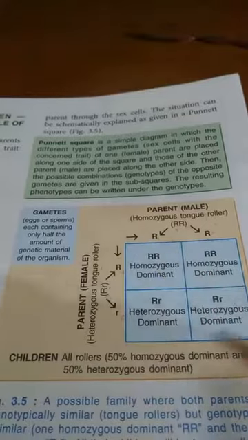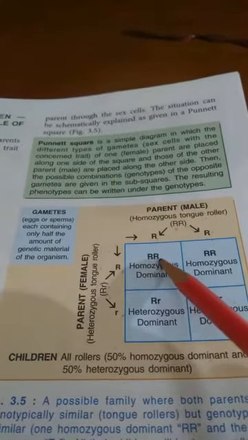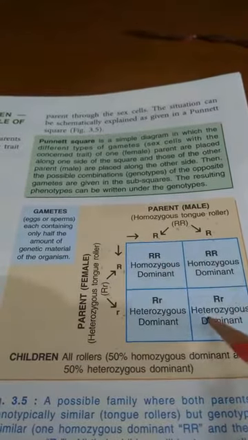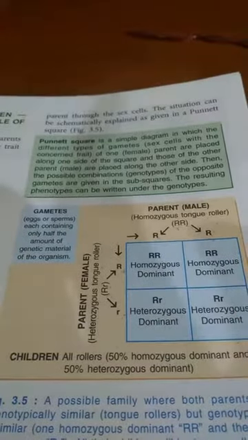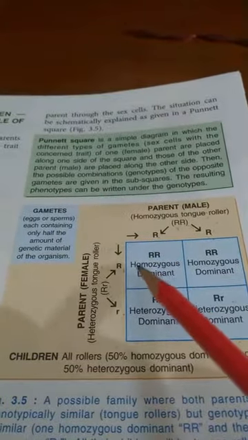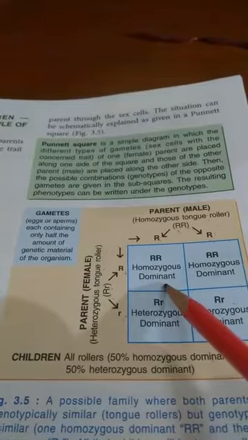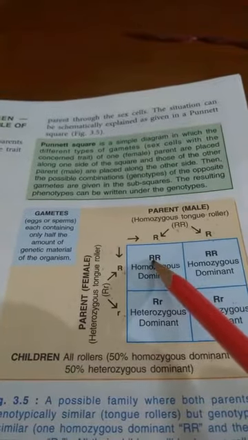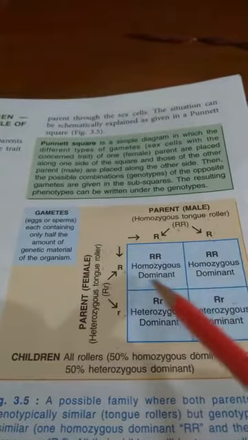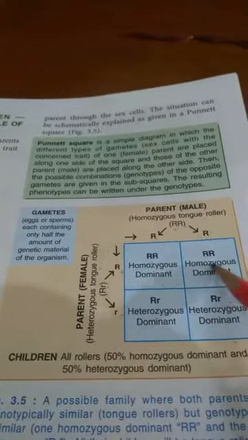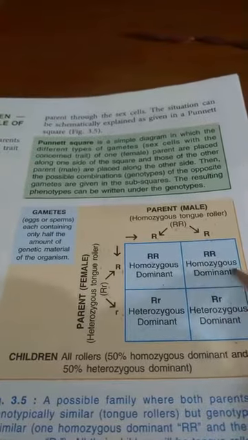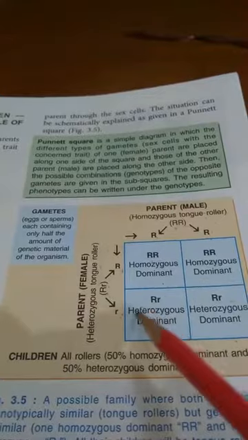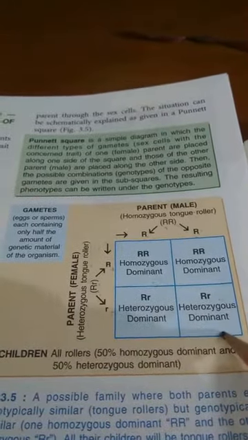Now in a Punnett square, these are genotypes: capital R capital R, capital R capital R, capital R small r, capital R small r. You can write the phenotype below these genotypes also. For the first two, the phenotype is homozygous dominant. For the other two, it is heterozygous dominant.